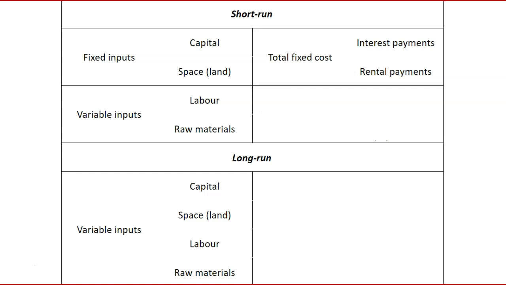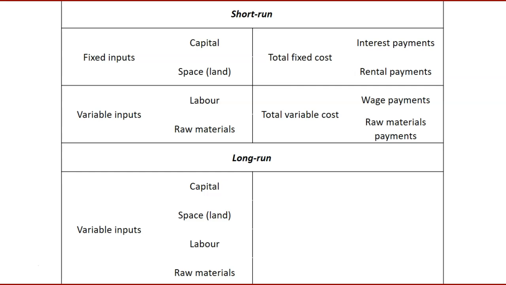loans for capital, or interest foregone if you've used your own money to purchase capital equipment, and rental payments. In the case of variable inputs, we've got a corresponding total variable cost, the cost of employing those variable inputs. And if we're talking about labour and raw materials as the variable inputs, then we have the corresponding wage payments and raw materials payments to be made.